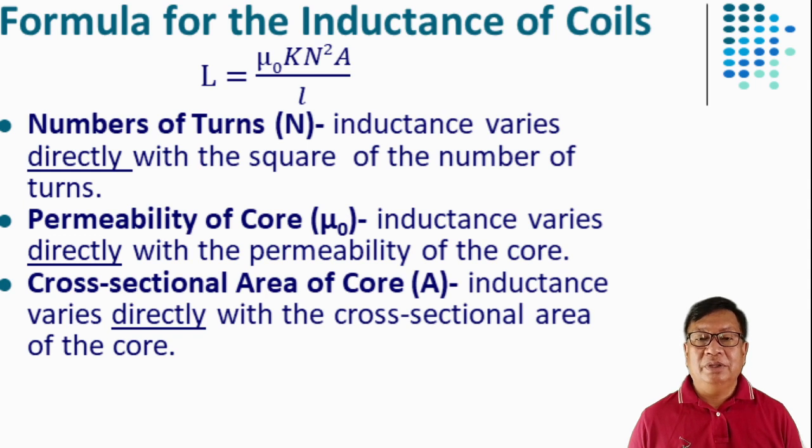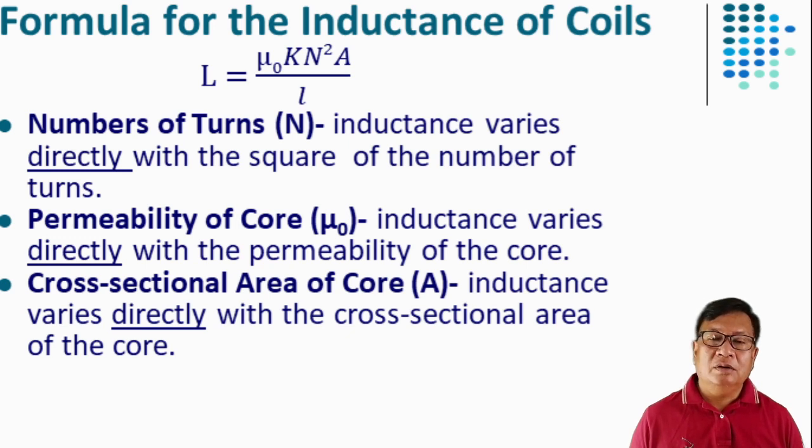Okay, so mayroon po tayong tinatawag dito na cross-sectional area, ito po, this capital letter A, ang cross-sectional area ng core. Inductance varies directly proportional, no? So as the cross-sectional area becomes greater or bigger, lumalaki din po yung inductance natin. Okay? Because they are directly proportional.